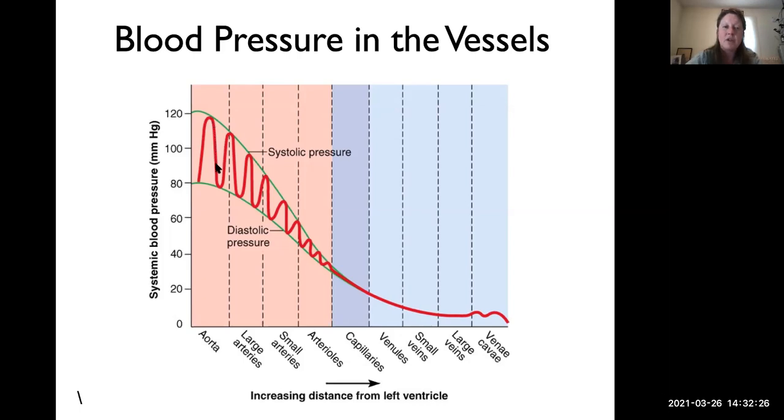When the ventricles relax and the pressure drops in the arteries and the heart is in diastole, we call this diastolic pressure. And if we're measuring this at the level of the heart, at the brachial artery, then the pressure in the systemic arteries is usually about 120 over about 75 or 80.